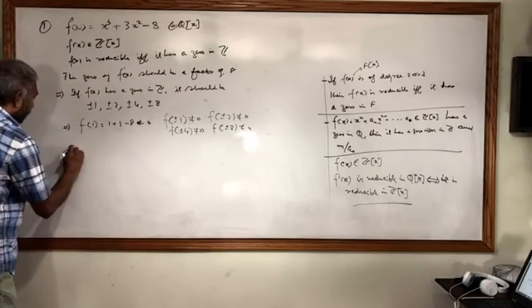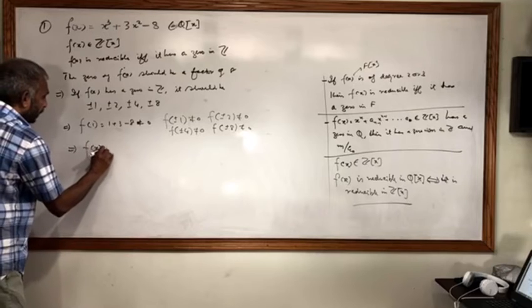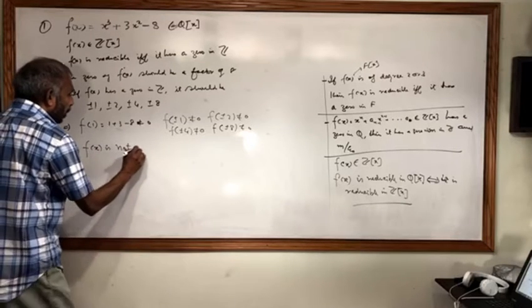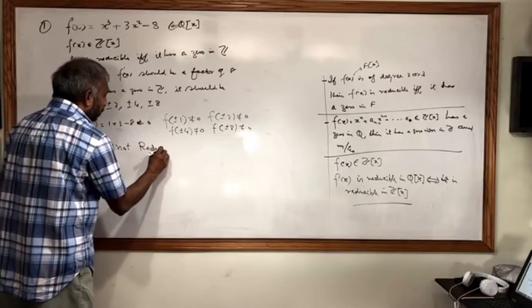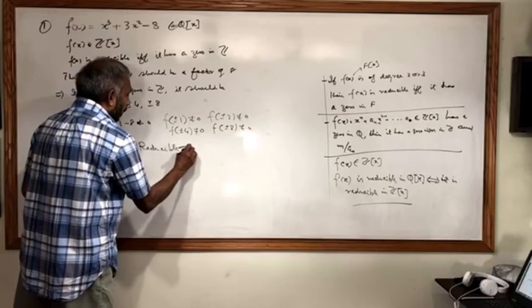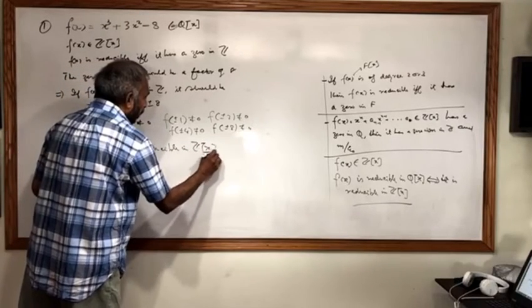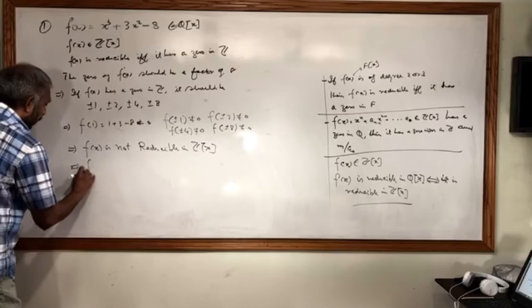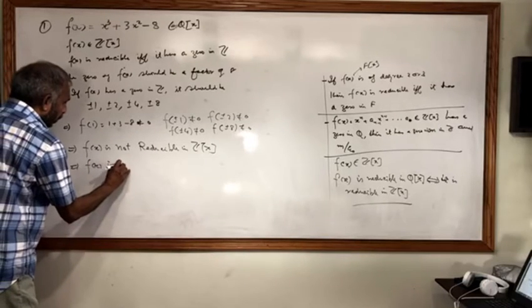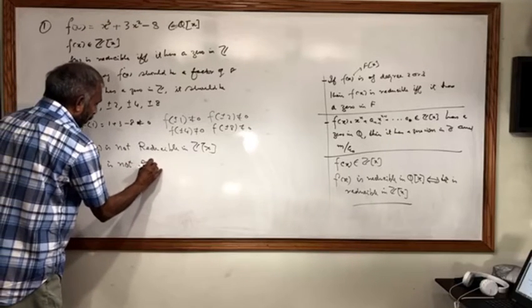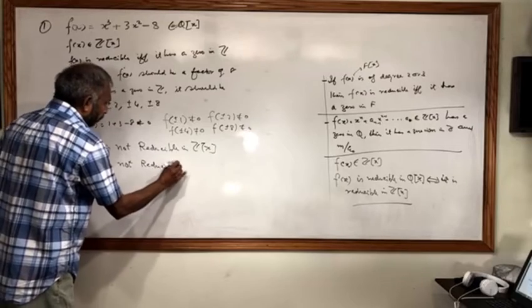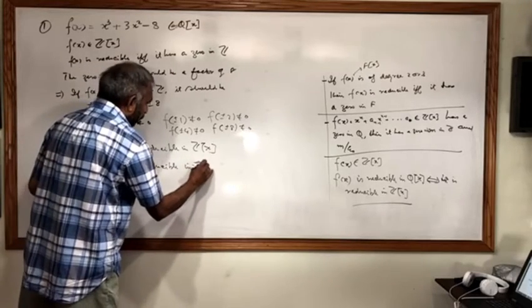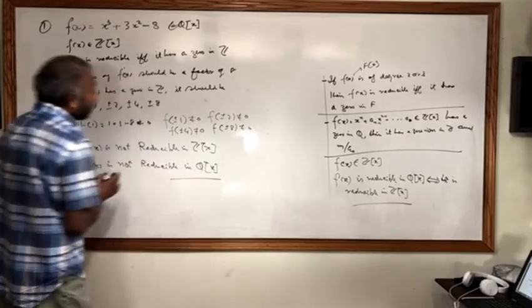And that implies f of x is not reducible in Z of x, and that implies f of x is not reducible in Q of x.